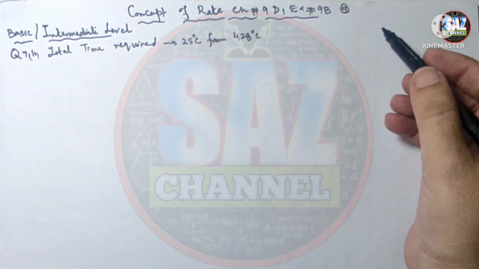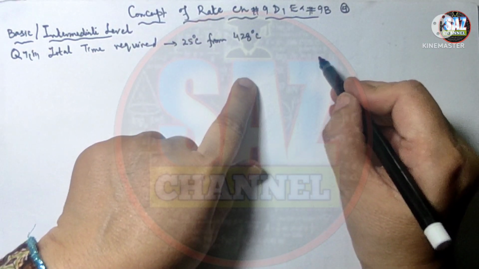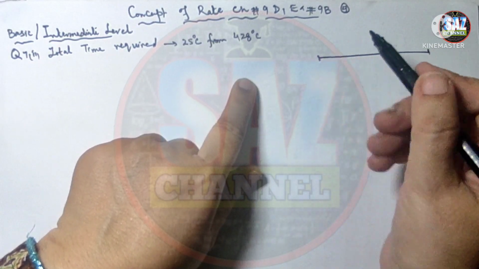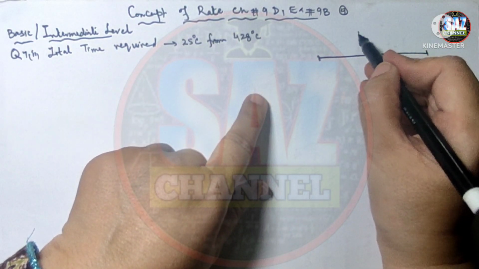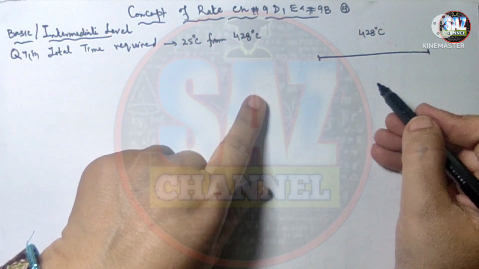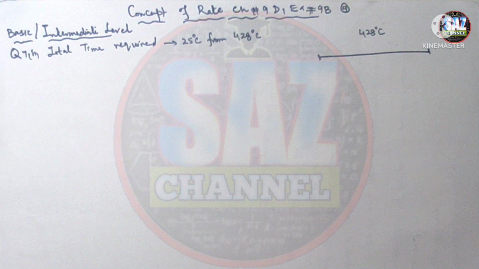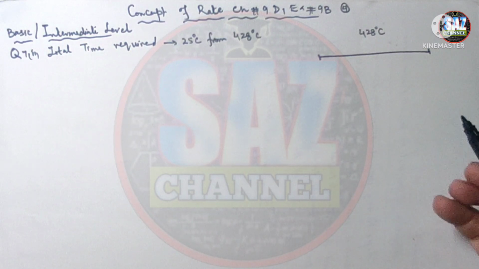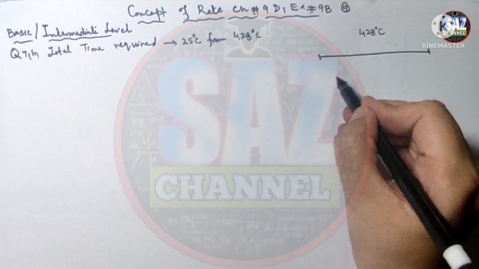Let's understand the question once again. Initially the metal bar was heated, its temperature was 428 degrees centigrade, and then it starts cooling down with the fall in temperature at the rate of 23 degree centigrade per minute.